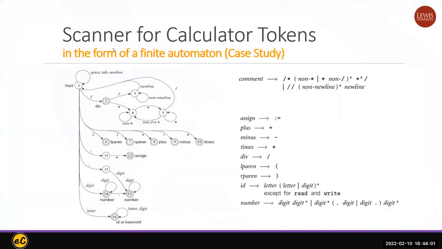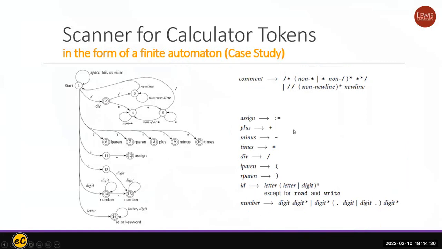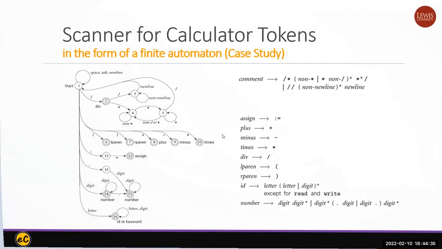So this one we will put into a state diagram like this. A state diagram is easier to understand. On the right-hand side, we have the so-called grammar rules written in some kind of regular expression, regular grammar. And we can develop it into the so-called finite automata. And these two things, grammar and automata, and the so-called pseudocode, they are the same. They are three versions of the same thing.